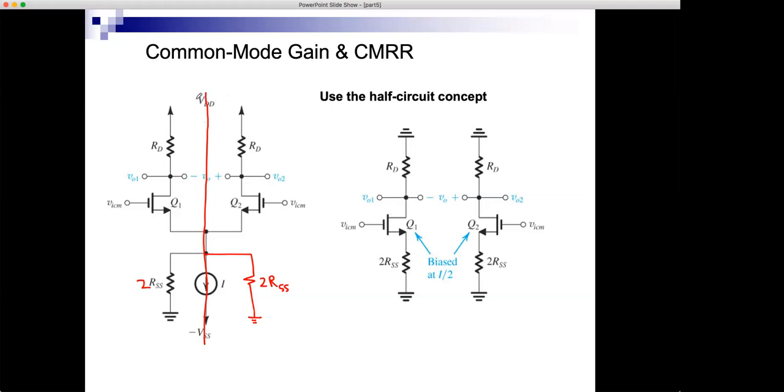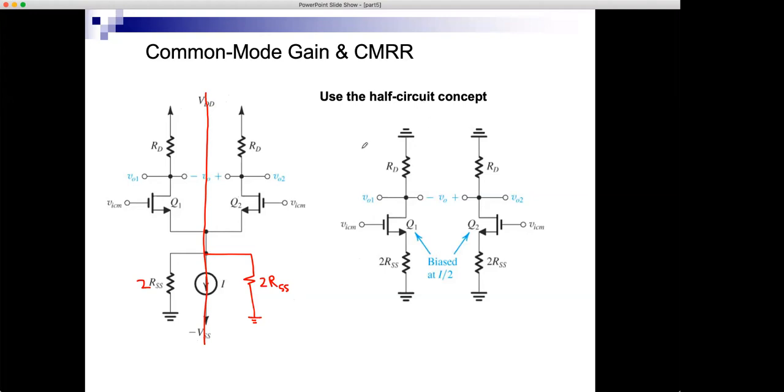You have actually perfect symmetry. RD, RD, MOSFETs matched, VICM, VICM. Current source split in the middle, 2 RSS from this side and 2 RSS from this side. So I can also use the half circuit concept to analyze this circuit when the two inputs are equal.